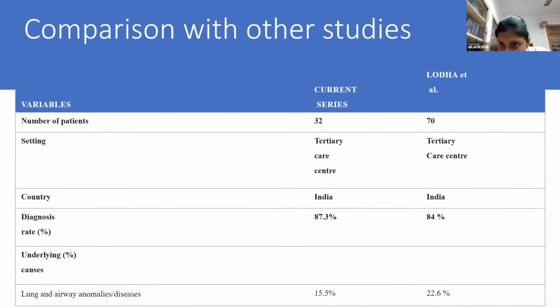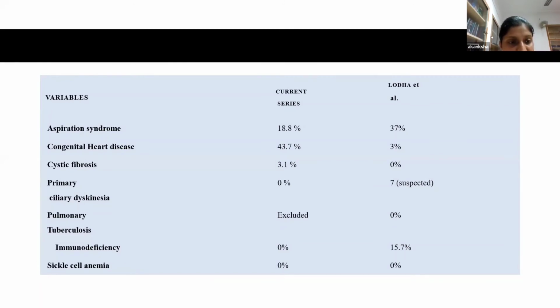When compared to another study conducted by Lodha et al. at AIIMS New Delhi, our diagnosis rate was similar to theirs, and the underlying etiologies which they found were also nearly similar, that is lung and airway anomalies and diseases, aspiration syndromes, congenital heart disease.